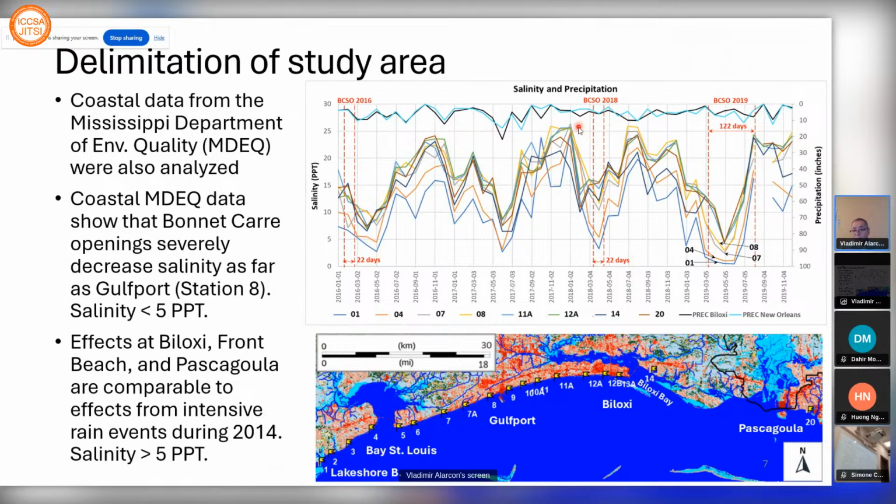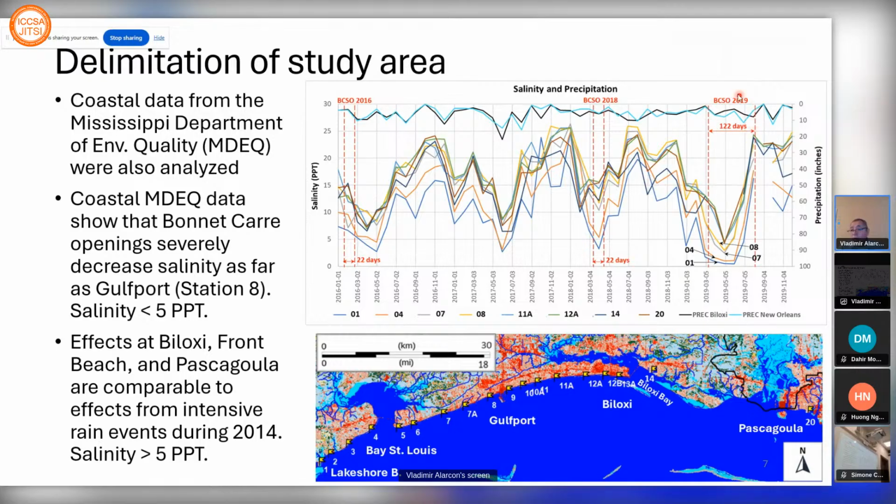We also see a decrease in 2018 when the spillway was open around 22 days. We see this sharp salinity decrease, especially in the stations close to Lake Pontchartrain, here in the western part.